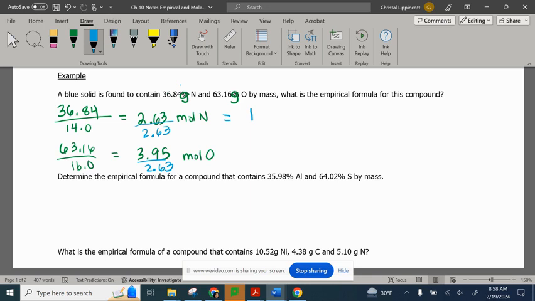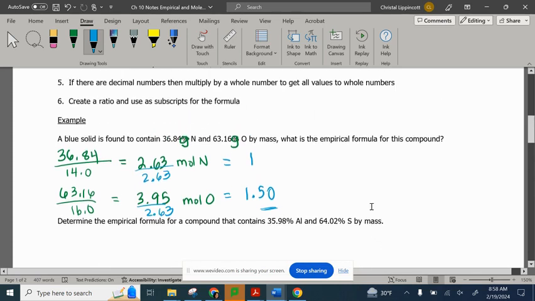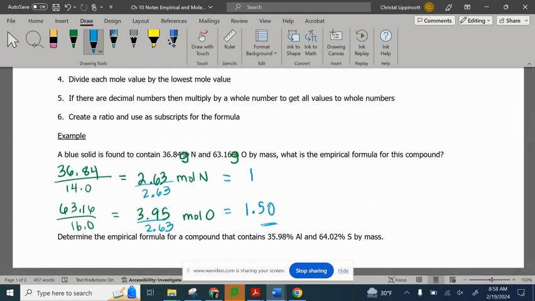And this will equal 1.50. Make sure that you always round this value to the hundredths place.